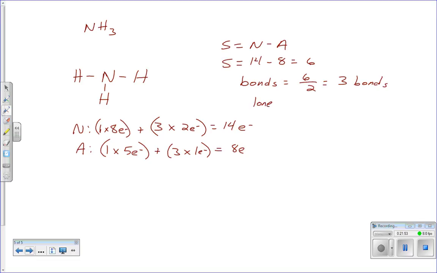Unshared pairs, also sometimes referred to as lone pairs. If I ever say lone pairs, you know what I'm talking about. Again, for that, we take A minus S and divide by 2. We had 8 available. We only shared 6 of them. 8 minus 6 is 2. Divided by 2, we got 1 pair to put on here.